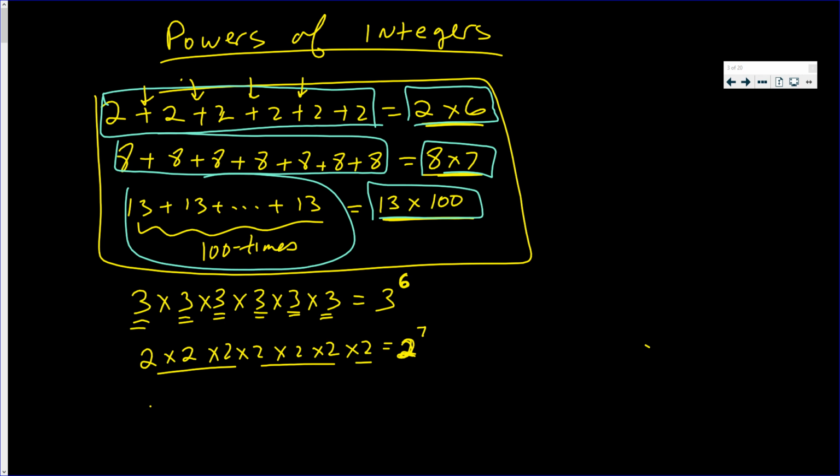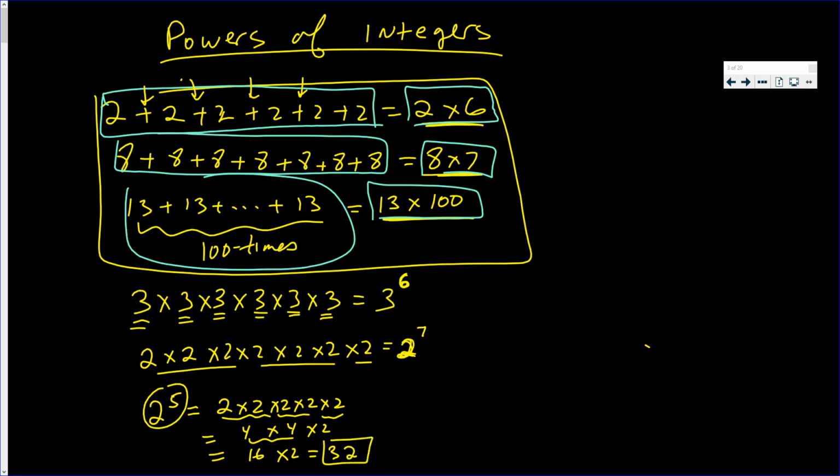So if somebody asks you what 2 to the 5th is, you should think this. For example, that's 4 times another 4, 4 times 4, don't forget that 2. 4 times 4 is 16, and if we multiply that by 2, we get 32. So 2 to the 5th, by definition, is 32.